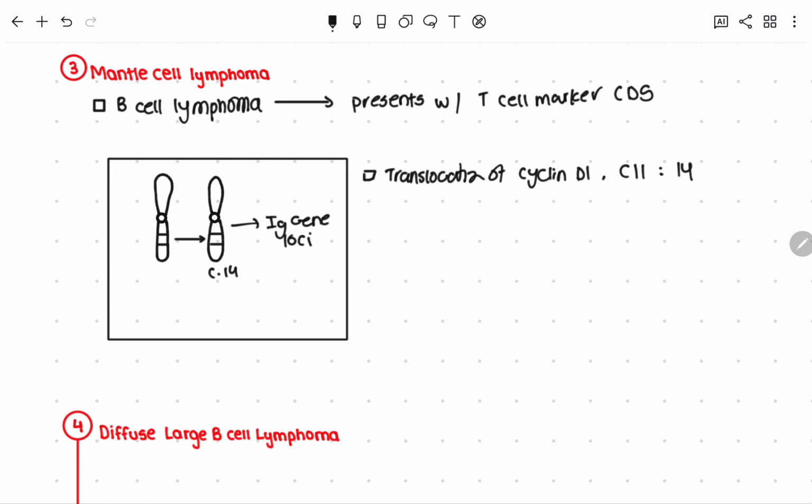And so the basic idea now is that this cyclin D1 gene is now translocated to a loci where there is a higher amount of expression in general and higher amounts of translation taking place. And as such, you have a fusion protein produced, as you did with follicular lymphoma.